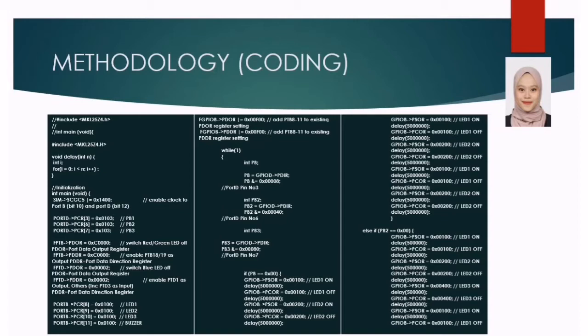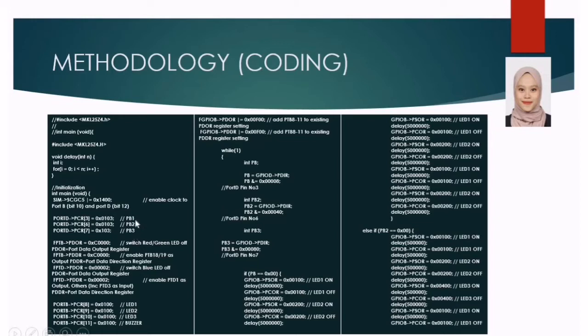Okay, this is the initialization coding. This will enable the clock to port B bit 10 and port D bit 12. Okay, this is PB1. This coding is for PB1. This one for PB2. Lastly PB3.